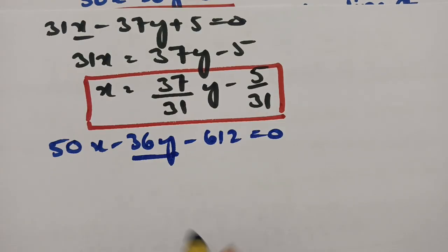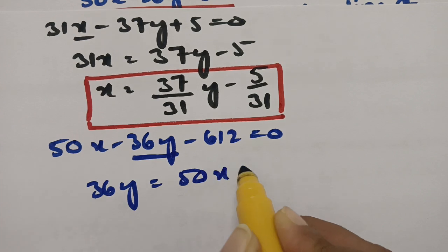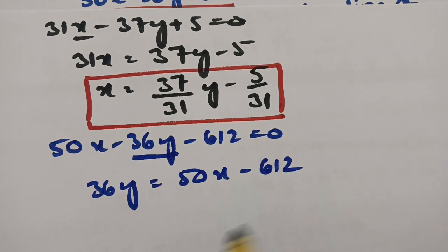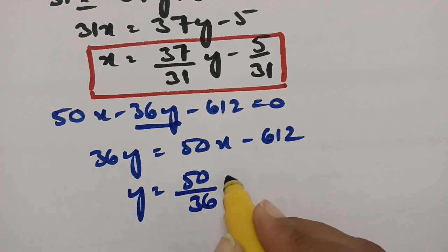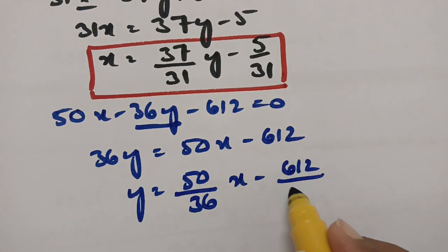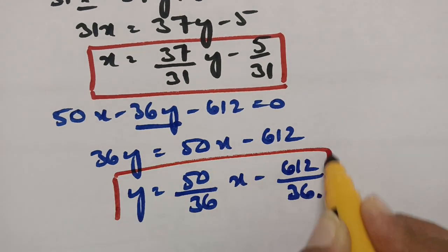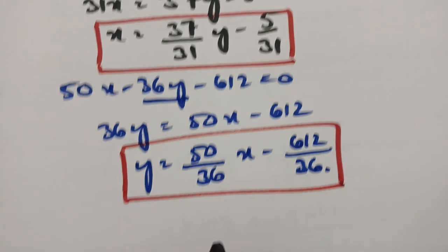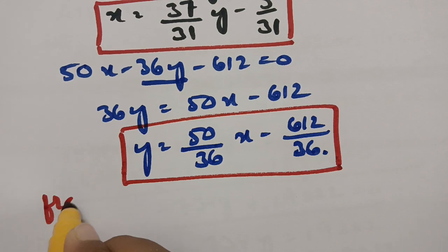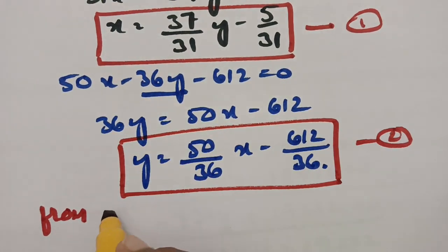Now I am going to take y value here, that is 36y is equal to 50x minus 612, and y is equal to 50 by 36 x minus 612 by 36. Clear? So this is the regression line of y on x. So these two are the regression lines of x on y and y on x. You can assume this one as one equation and this is second equation.